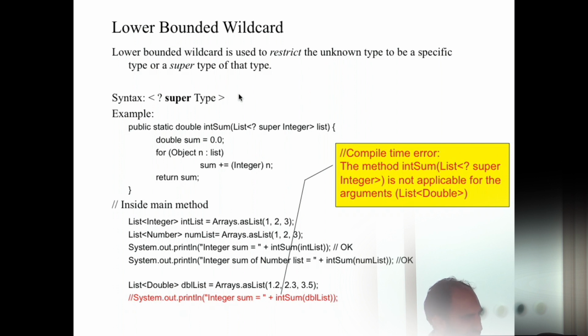So you can use this method for values of type Integer and Number, but not with values of type Double, because Double is not a supertype of Integer. You understand the difference between upper bound and lower bound? You use upper bound for the type and its subtypes. Lower bound, when you use it for the type or its supertypes.